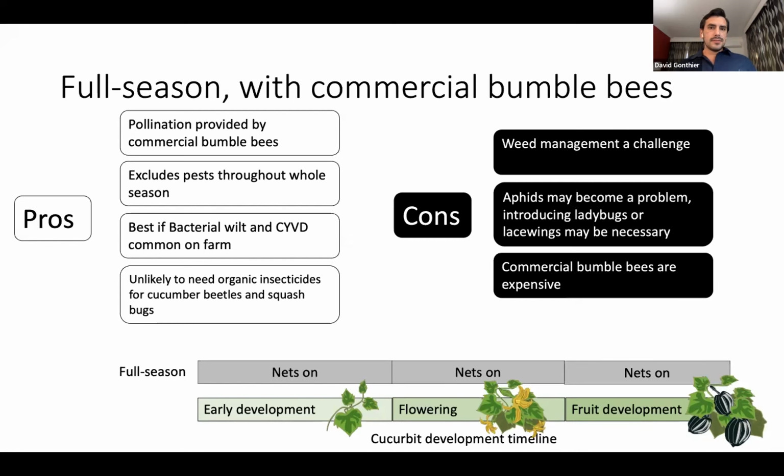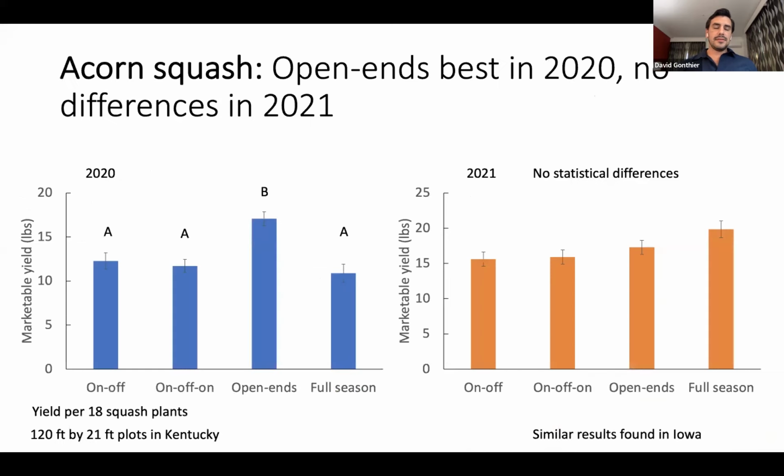And so from our research, what we've found over the last few years, I'm showing mostly data here from Kentucky with larger plots of about 120 feet, where we compared these strategies. And these first graphs are from acorn squash. What's interesting is that the open ends treatment actually was the best treatment, at least in 2020.